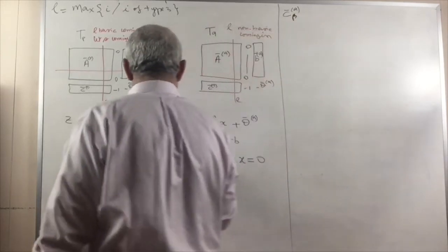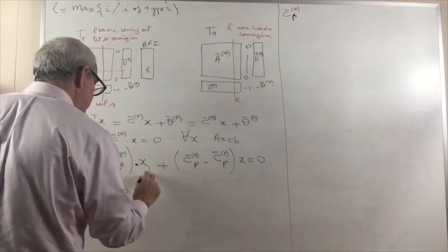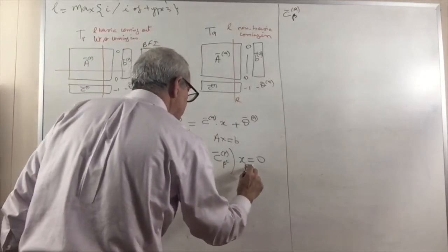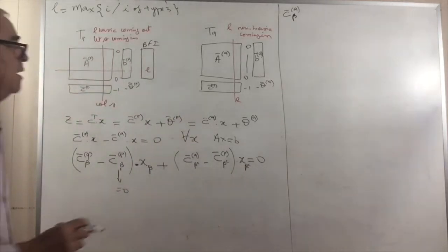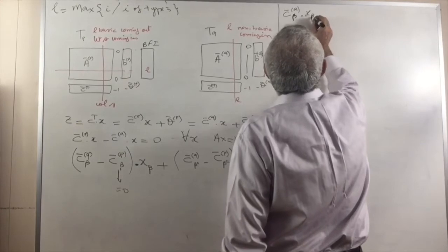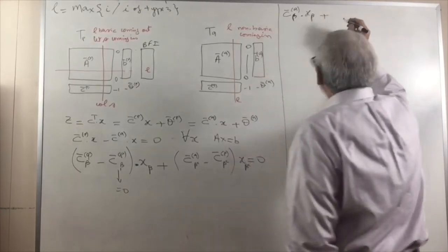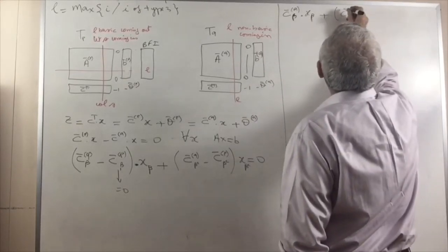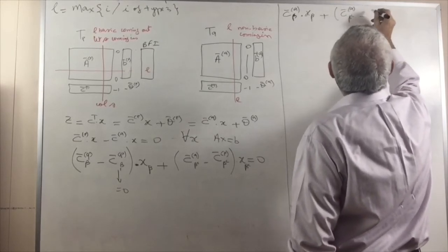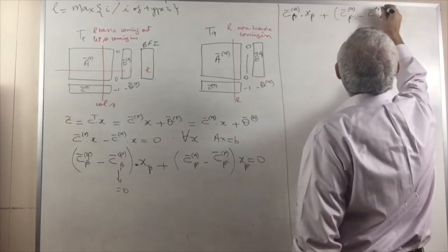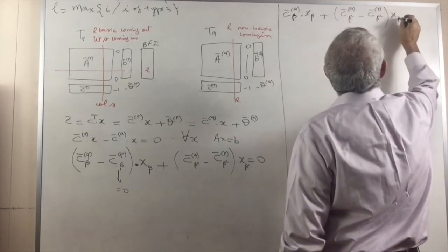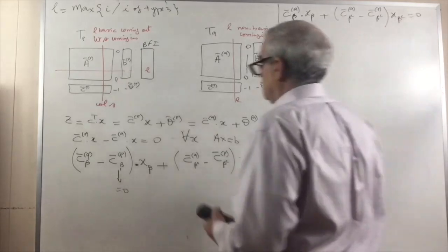I'm sorry, this is beta and this is beta bar, beta complement, times X beta plus C bar of Q beta complement minus C bar of P beta complement X beta complement, that's equal to 0.